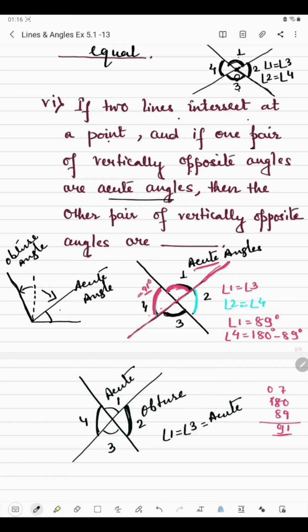This is one pair, and the other pair is angle 2 and angle 4. This will be obtuse angles. So here, if one pair of vertically opposite angles are acute angles, then the other pair of vertically opposite angles are obtuse angles.